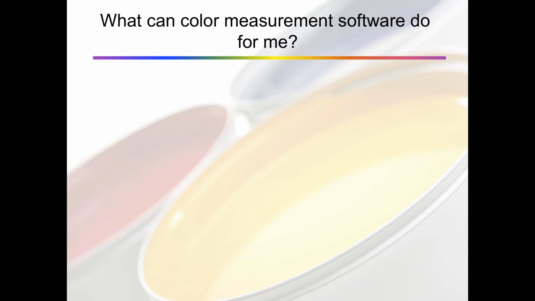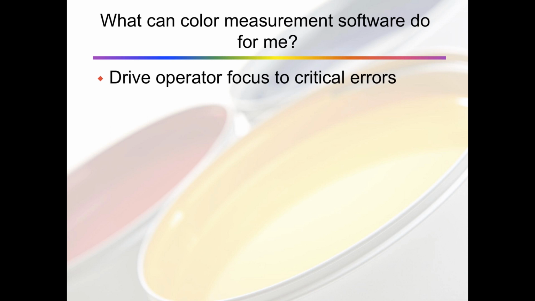Well, any color measurement software can help drive operator focus to critical errors. Color measurement software is going to gather a lot of information, but pretty much all of the packages that are available out there will highlight what needs immediate attention. It'll show what's passing versus what's failing, how far it is away from becoming acceptable. Some software actually tells you what you can do to help make an improvement, but it's going to bring attention where it's needed.